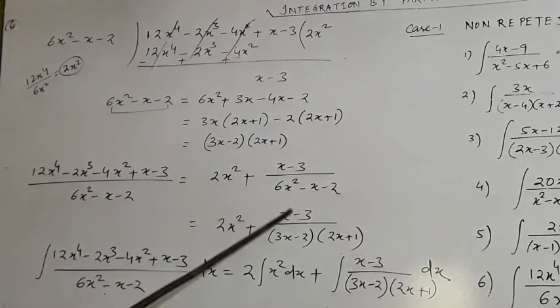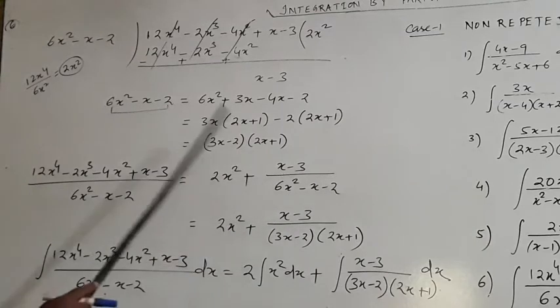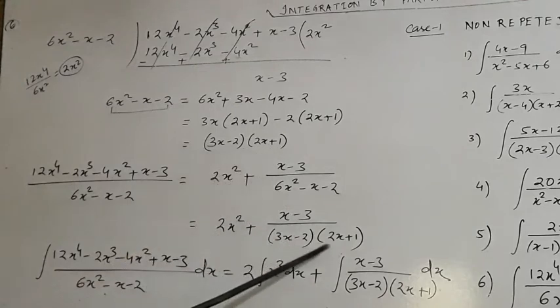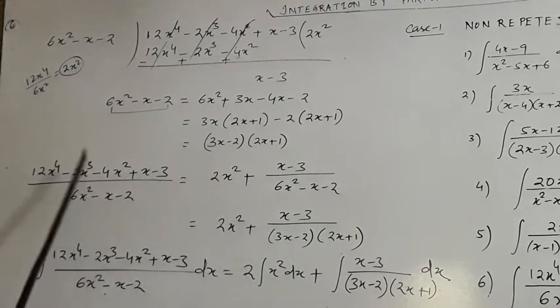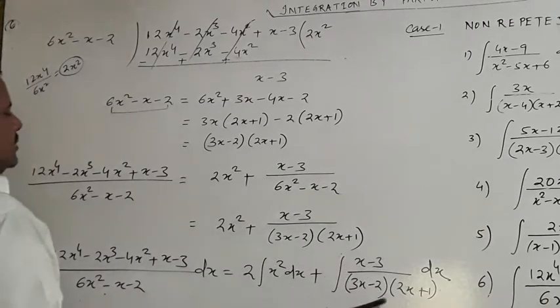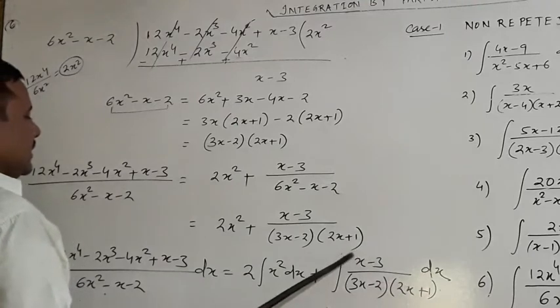It is x minus 3 by 3x minus 2 into 2x plus 1. If you integrate this dx, it becomes 2x square dx integration plus x minus 3 by 3x minus 2 into 2x plus 1 dx integration.